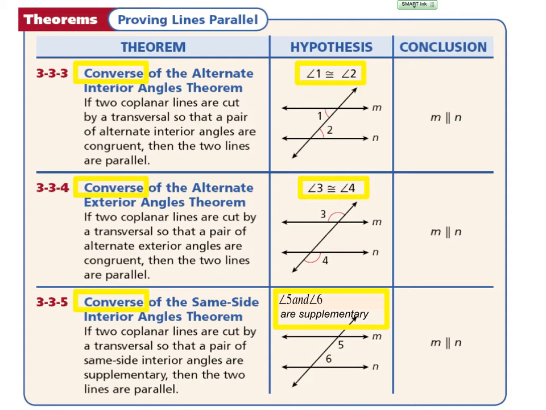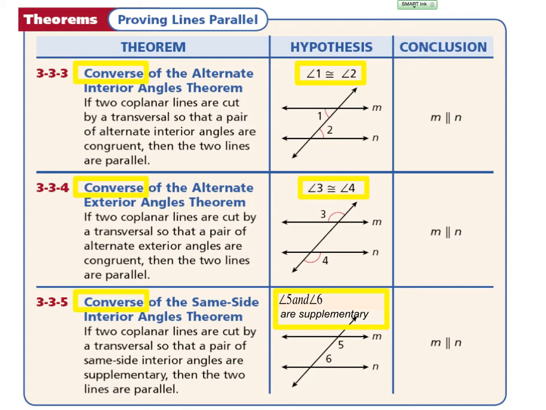How will you know if they're supplementary? What's that mean? They add up to 180. So if those two angles add up to 180, you could call them supplementary, and then you can use that converse. You cannot go directly from the equation that they add up to 180 to use this theorem. There's a step in between there, because this converse says they have to be stated as supplementary.